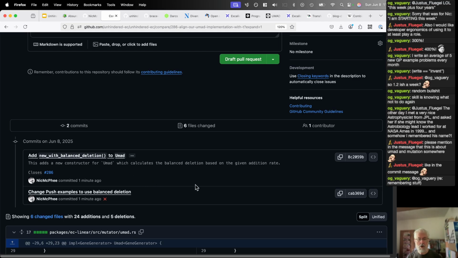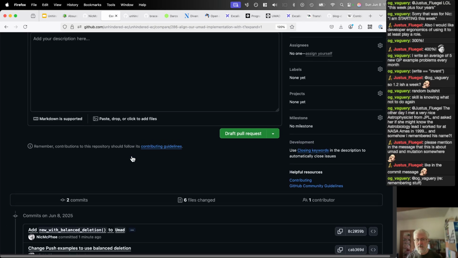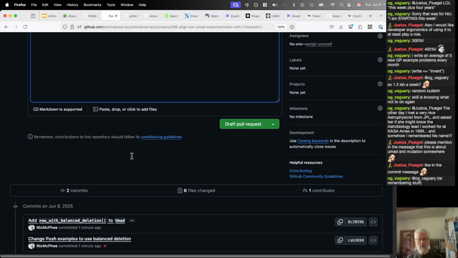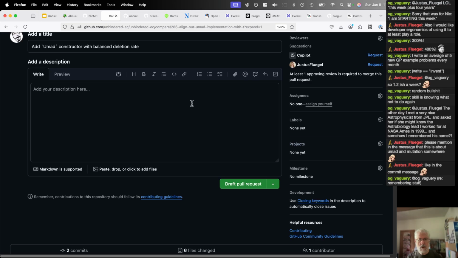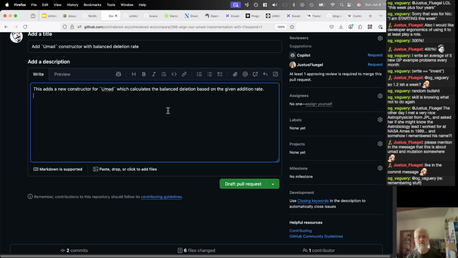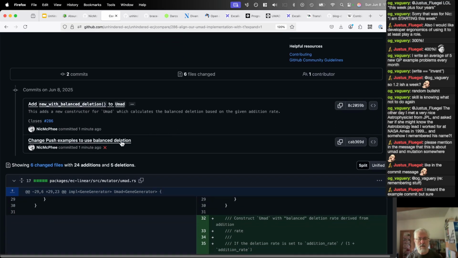It does say UMAD, so I got that part, but I didn't get the mutation rate. So oops. So actually, if we take this, because that was not a terrible sentence, for the UMAD mutation operator, oh, I see.